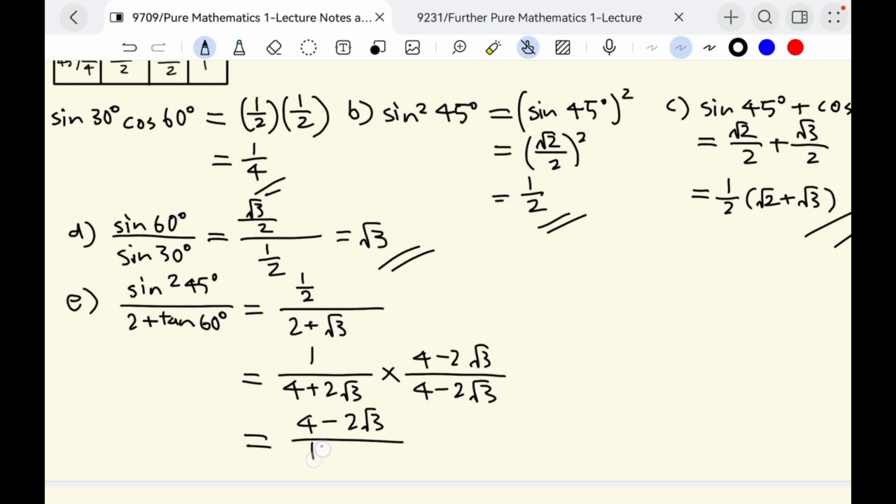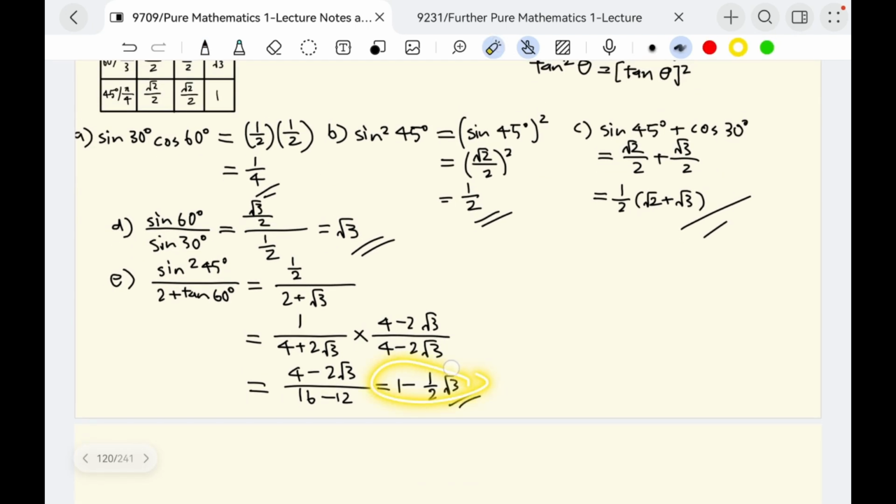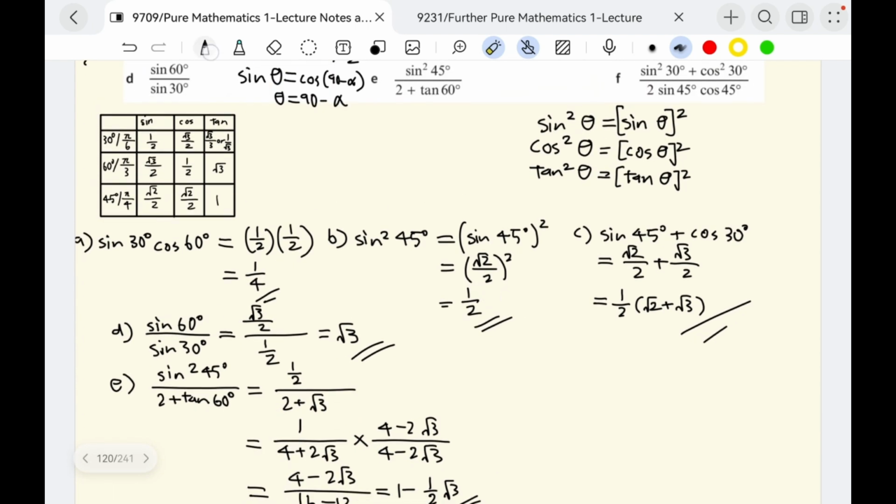So this is 16 minus 12. Okay? So it's 1 plus half root 3. So, you see, this answer is way more neat and nice compared to the answer of this one. Right? Okay, spot it by yourself.